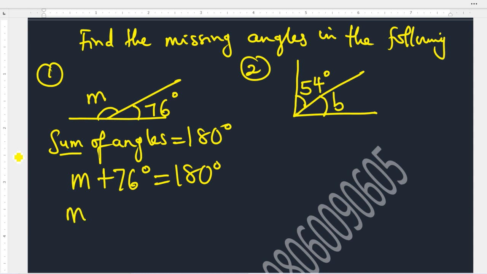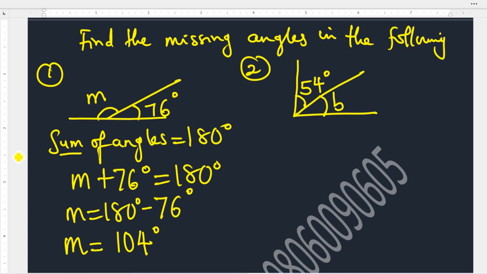You are going to subtract 76 from 180 degrees, and we're going to have 104 degrees. So the missing angle is 104 degrees.